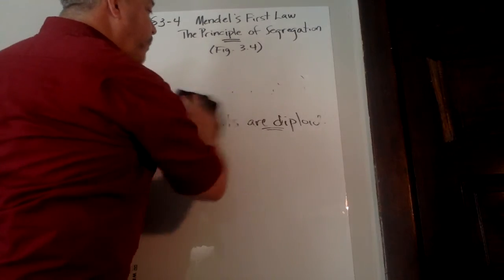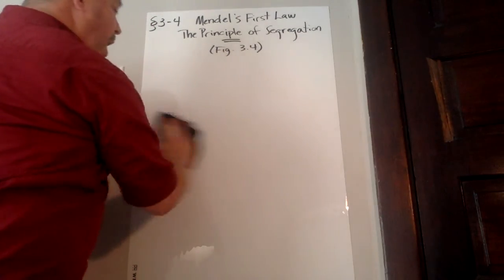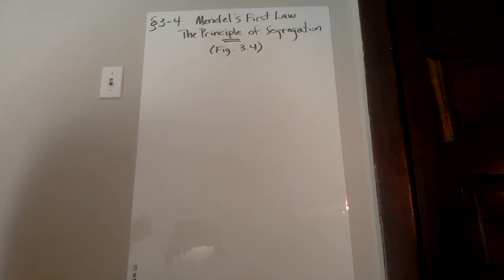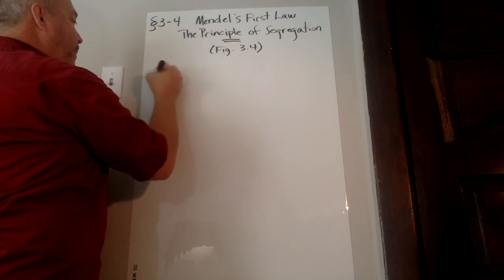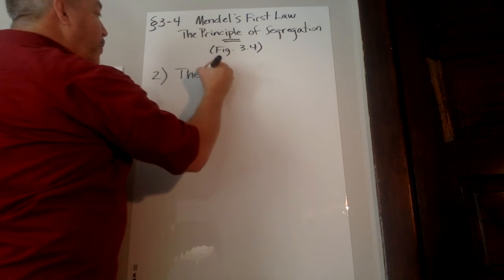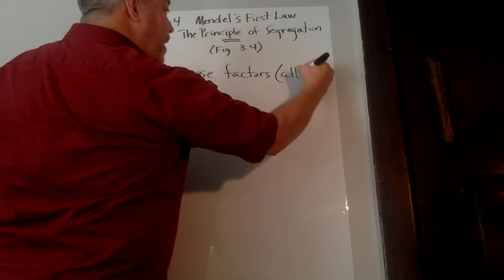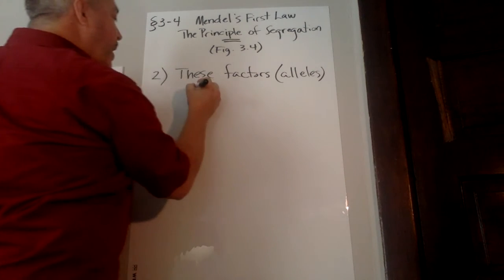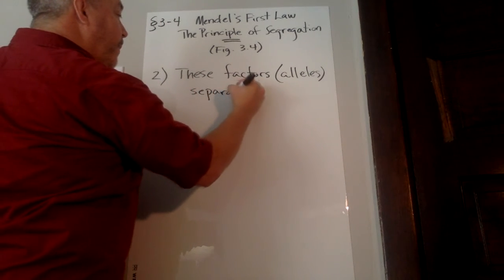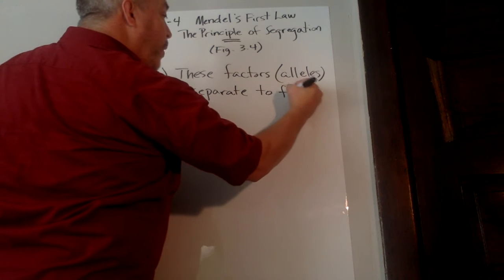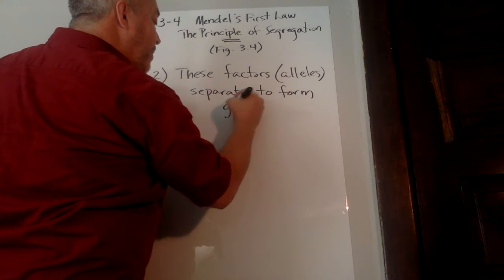Number two, these factors are going to segregate to make gametes. So these factors, i.e. alleles, separate to form gametes.